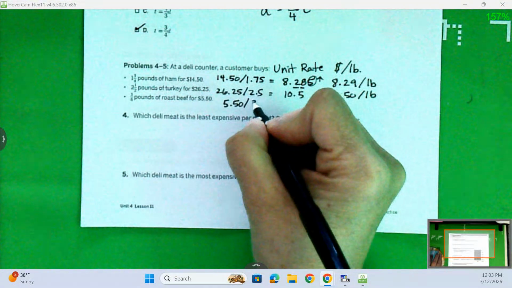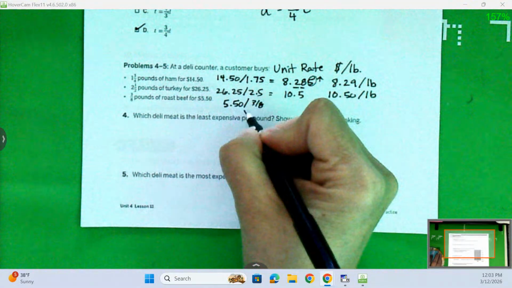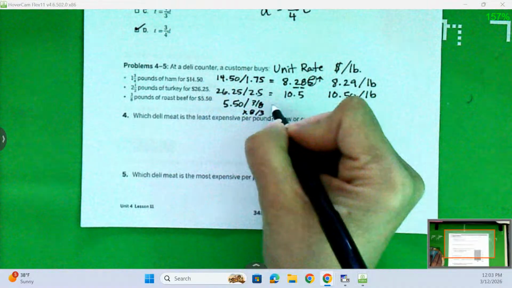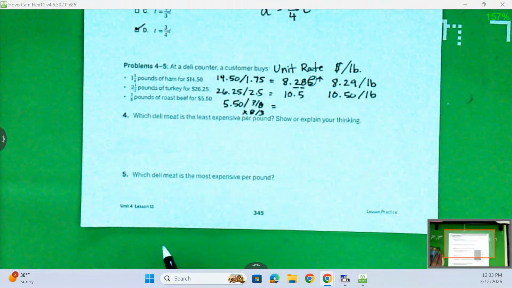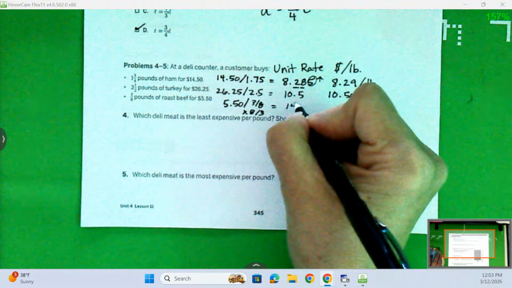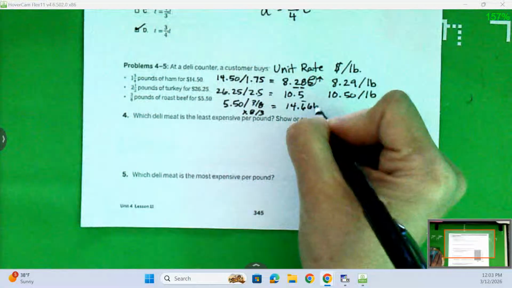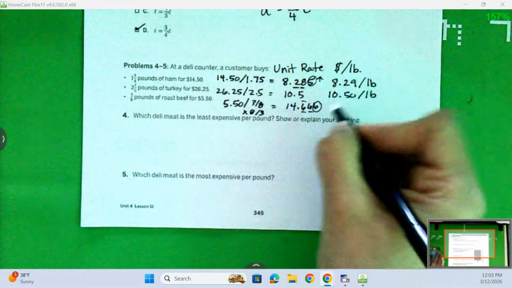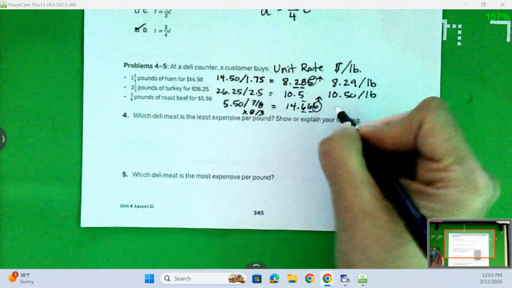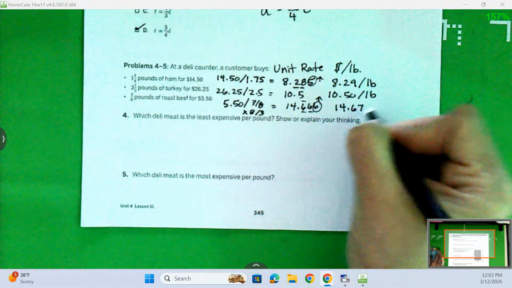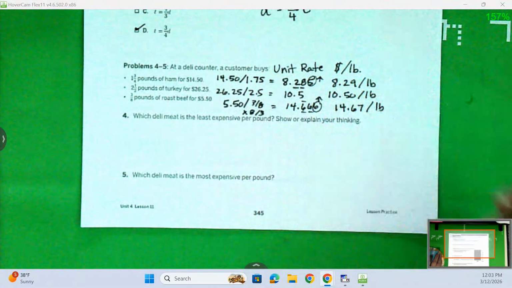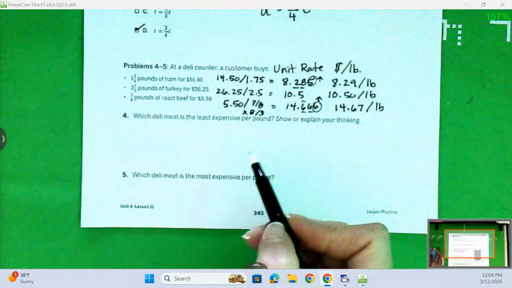So we have divide by 3/8, or you can multiply by 8/3. It's up to you on your calculator. Either way, you're going to get 14.6 repeating. So I'm going to go out to 3 digits so I can see if I need to round up. And sure enough, I have $14.67 per pound.